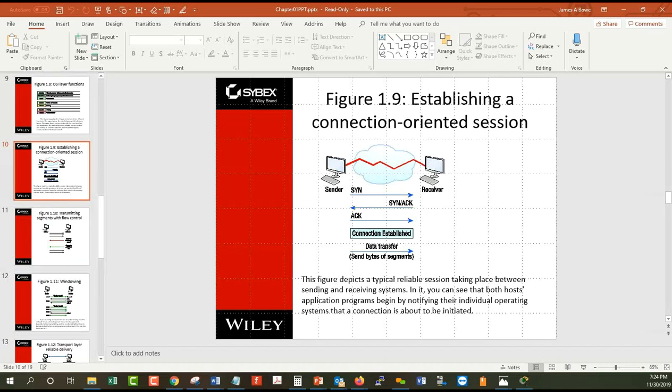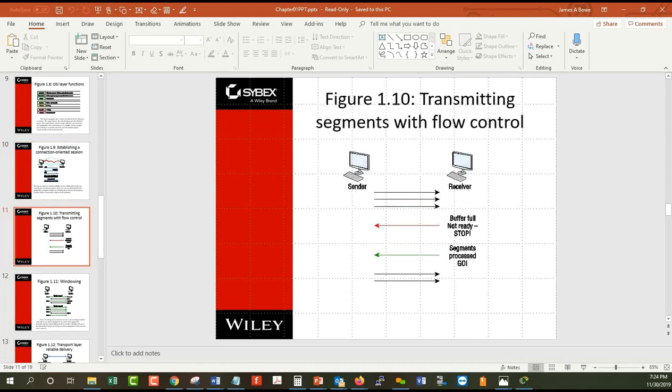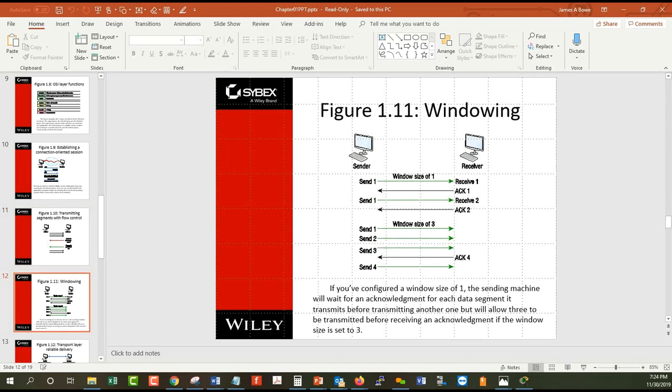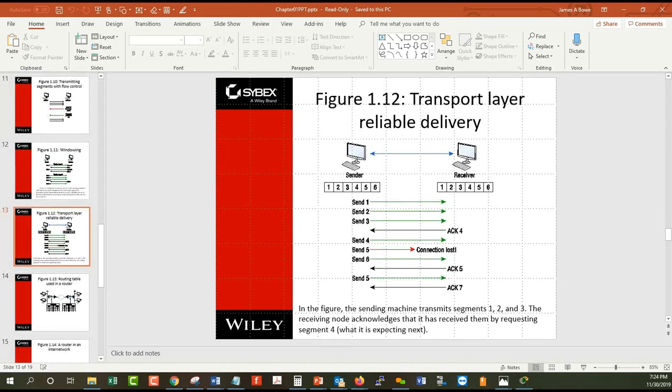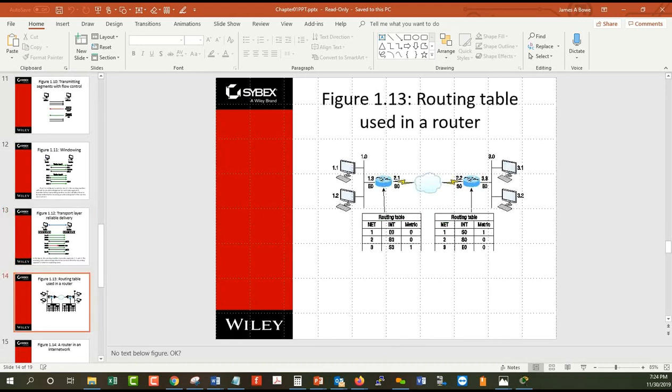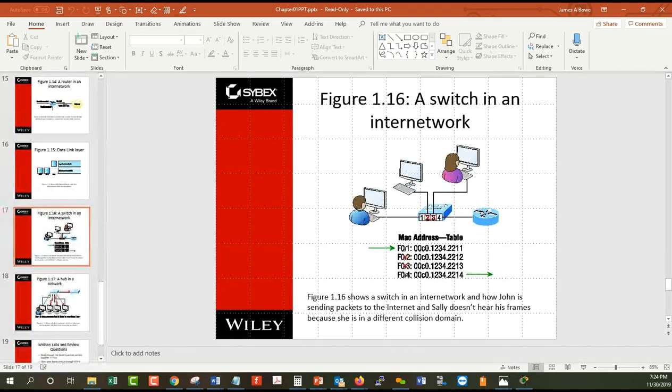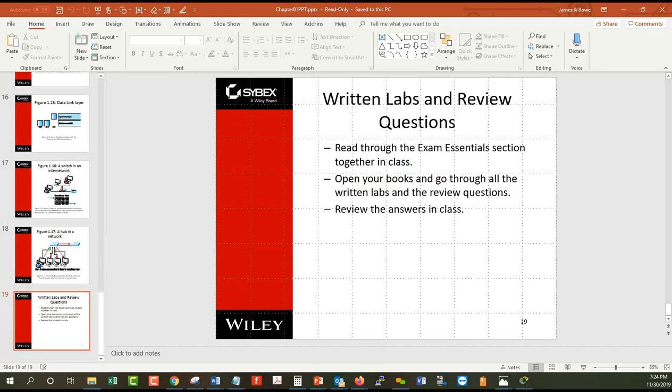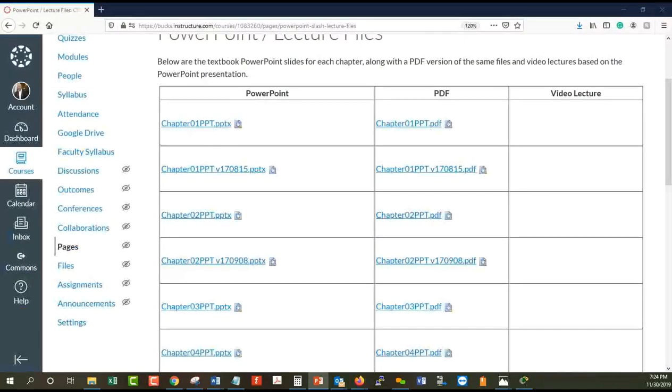Make sure that you understand what connection-oriented and connectionless is, and that's part of chapter 1, as well as what flow control is. Flow control is used with TCP segments, as well as the term windowing. Okay, so that's chapter 1.